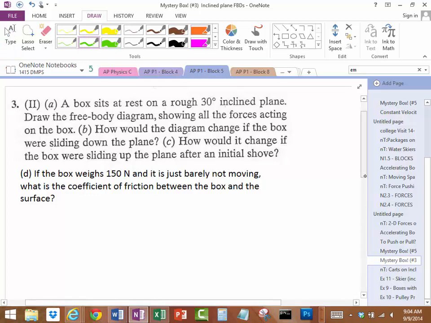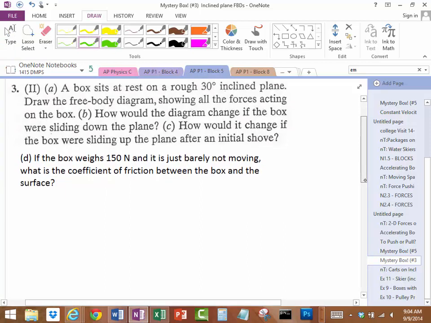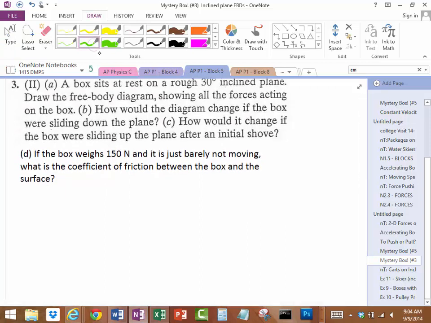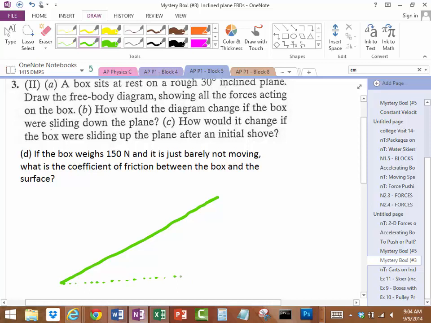Go ahead and do it. A rough 30 degree incline plane. I'm gonna draw mine a little bit bigger than 30 because it helps. All right. So I'm gonna put my mystery box on the incline plane. You guys do the same thing.